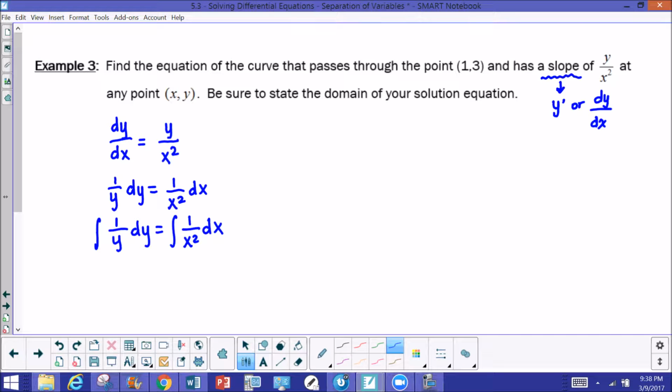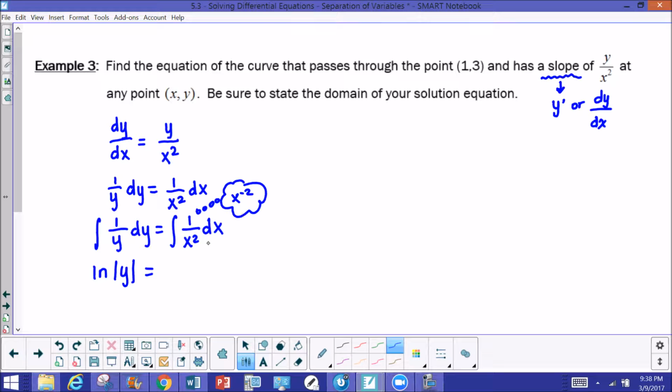The left side obviously will produce the natural log of the absolute value of y, and the right side will not produce the natural log of the absolute value of x squared. Very common mistake. But this particular 1 over x squared is dreaming of being written as x to the negative 2, because perhaps it's a little easier to integrate that way.